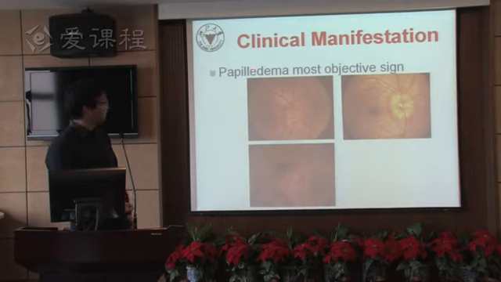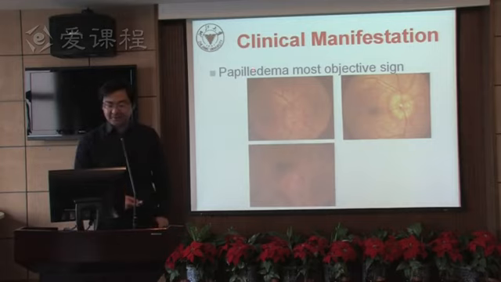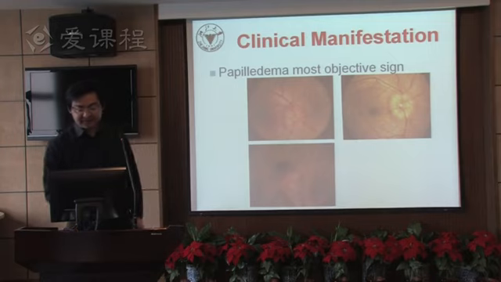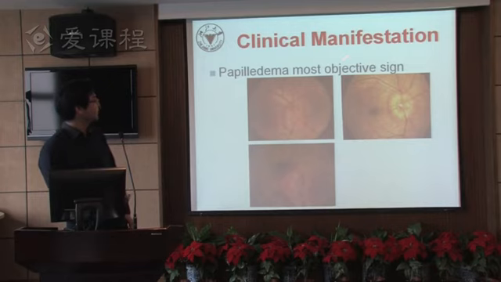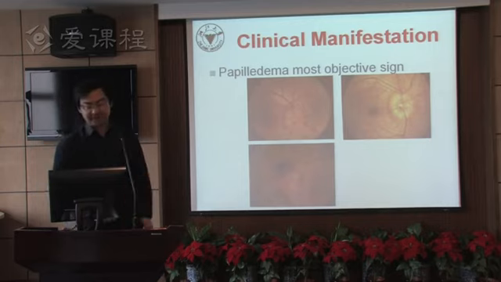Papilledema. Papilledema is one of the most objective signs of intracranial hypertension. If the patient has objective signs like papilledema, we can say this patient has intracranial hypertension.